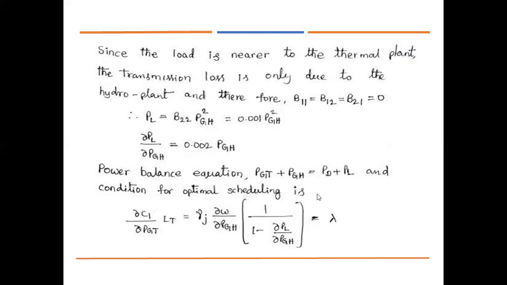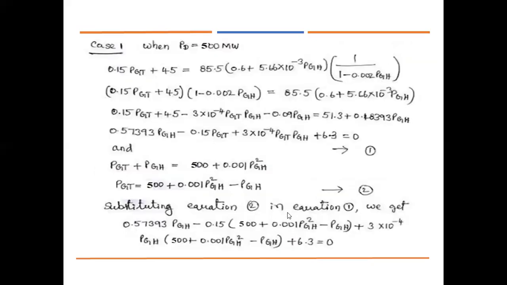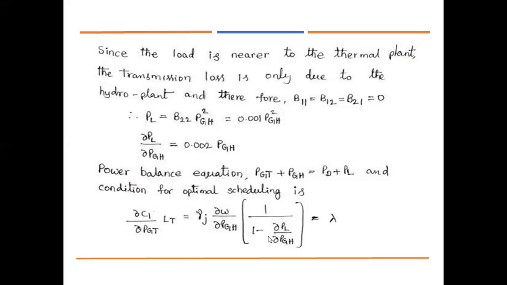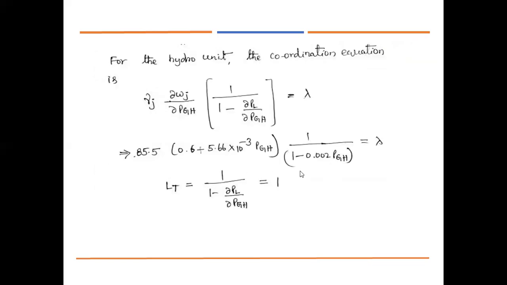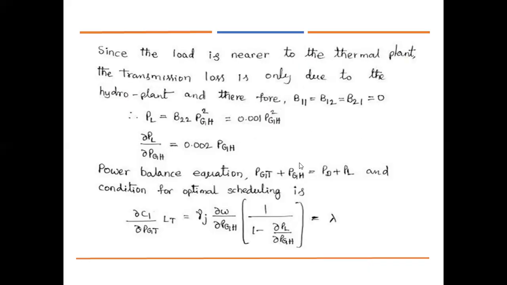So PL equal to BT into PGH square, that equals 0.001 PGH square. We need to substitute this value in this equation, so we will get 1 by 1 minus 0.002 PGH. This equation is related to the hydroelectric power plant.